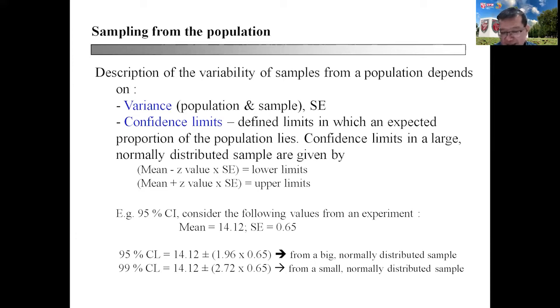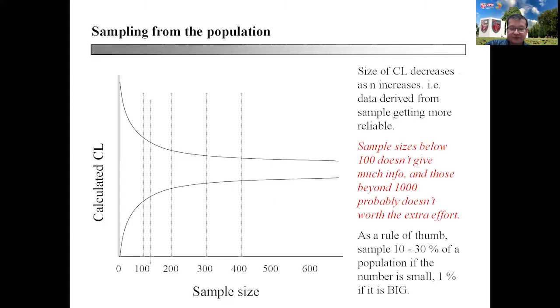And the lower limit of 99% confidence level will be 14.12 minus the product of 0.65 multiplied by 2.72. And obviously, this is from a small and normally distributed sample.